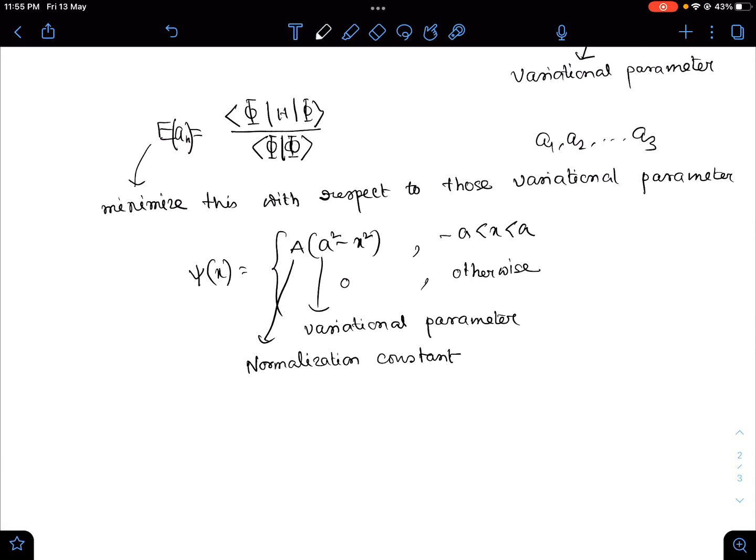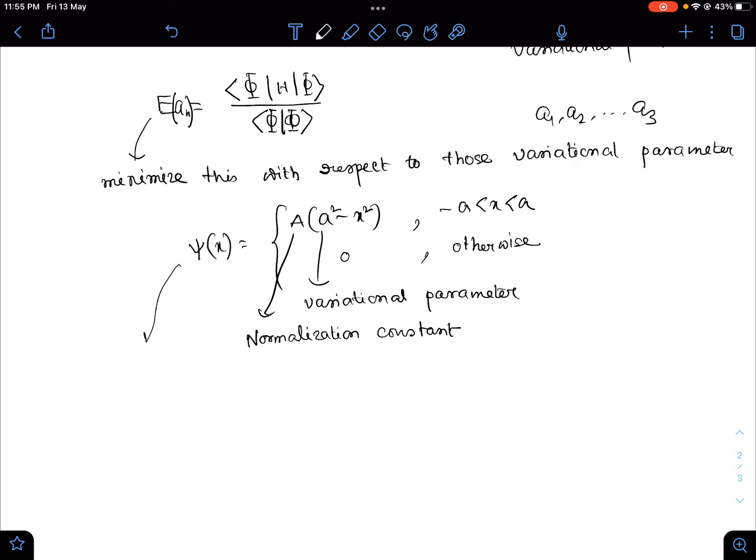So this is the process: we have to find the energy as a function of a, then minimize this with respect to a, find the value of a, and by using this value we will get our estimated ground state energy.